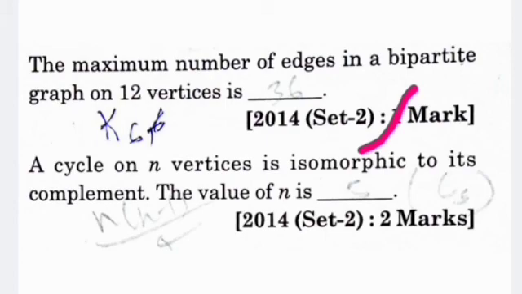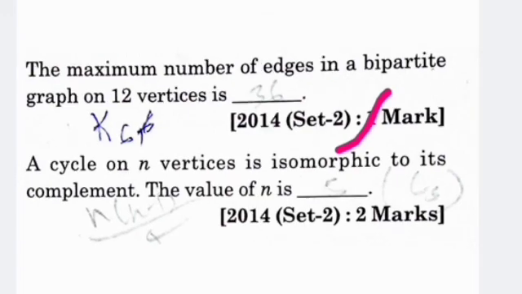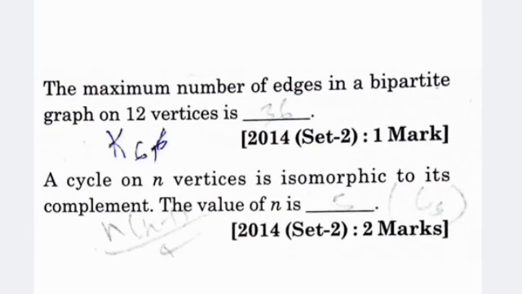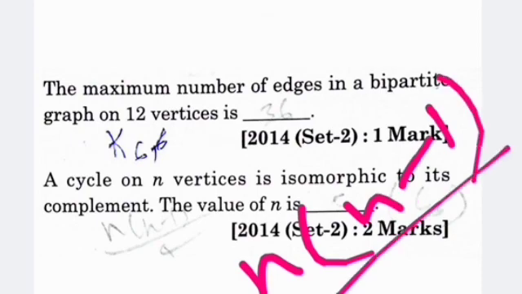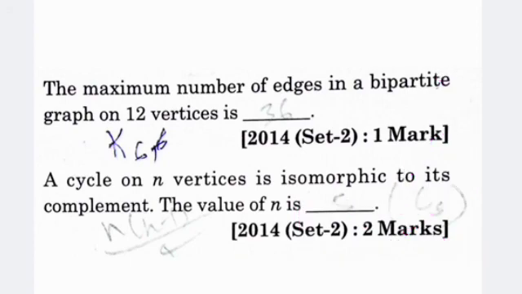Now what is the answer? We know that isomorphic to its complement requires n into n minus 1 by 4. After putting in the value of n, we get 5, so 5 is the correct answer.